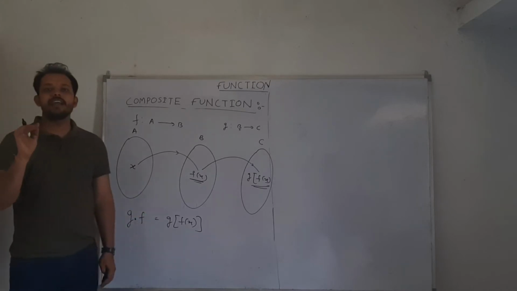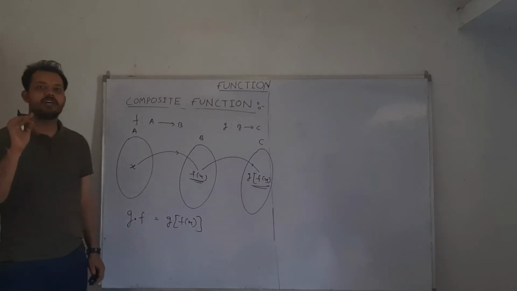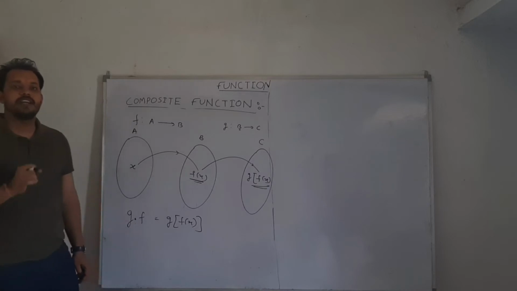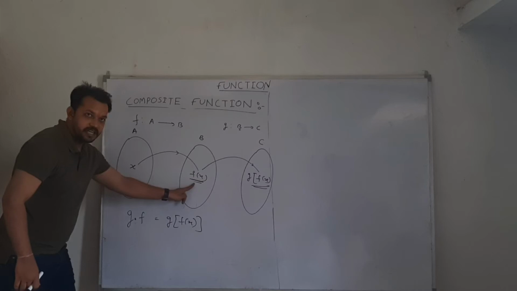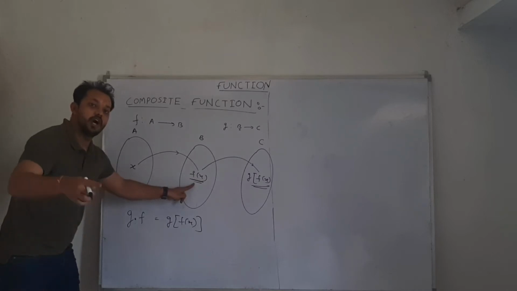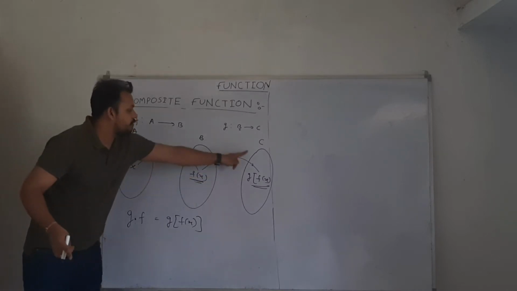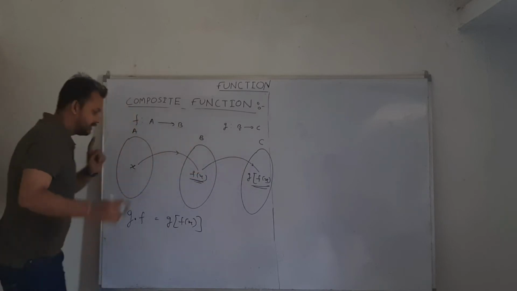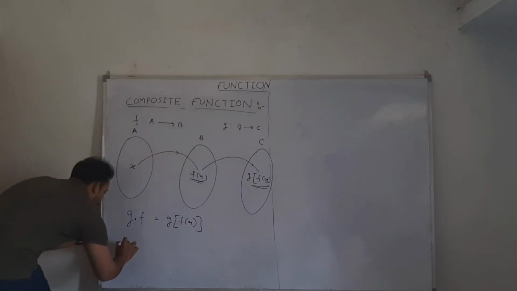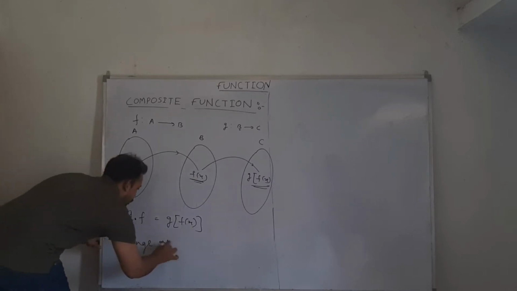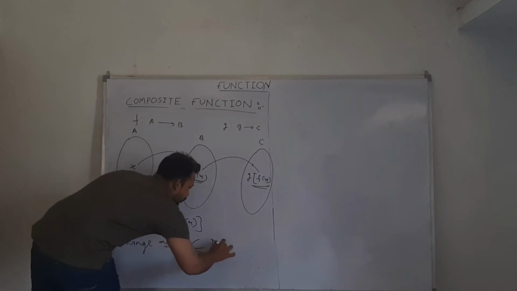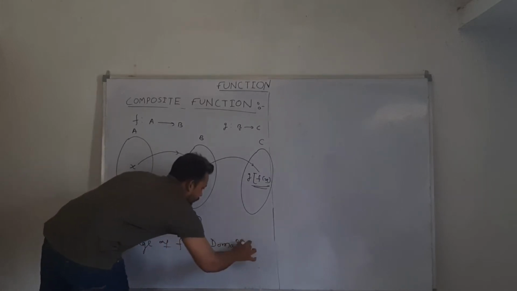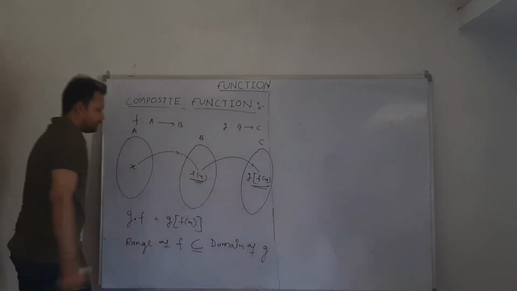To define any composite function, we have to consider a very important criterion. That is, the range of function f(x) must be a subset of the domain of function g(x). That means we can write that the range of f must be a subset of the domain of g.